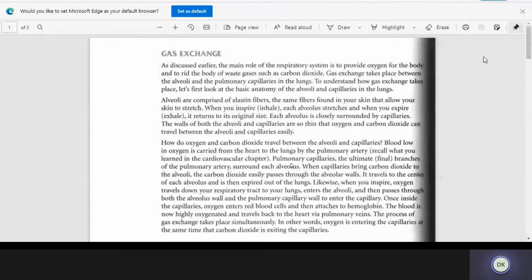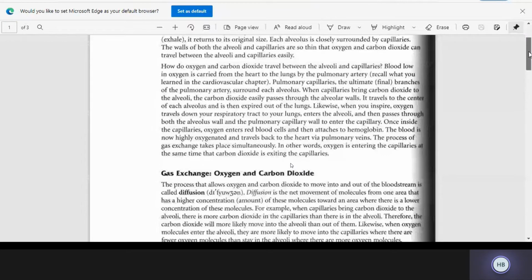Next one. Kru Tanvi, can you continue reading the third paragraph, please? Yes, I'm here. Okay, let's go. How do oxygen and carbon dioxide travel between the alveoli and capillaries? Blood low in oxygen is carried from the heart to the lungs by the pulmonary artery.